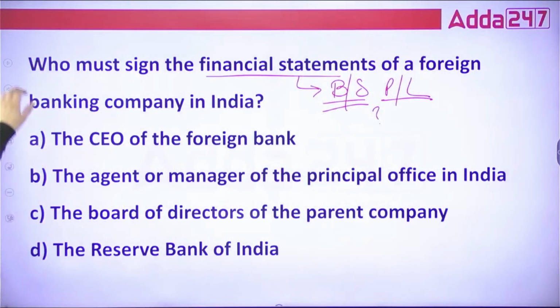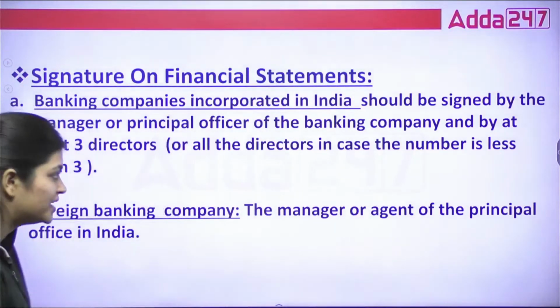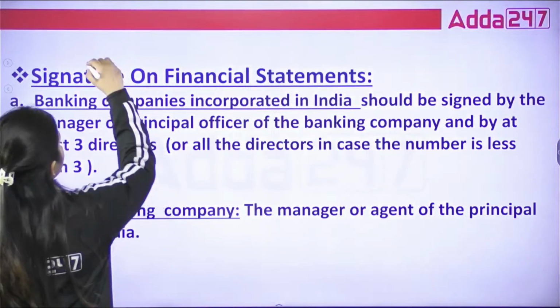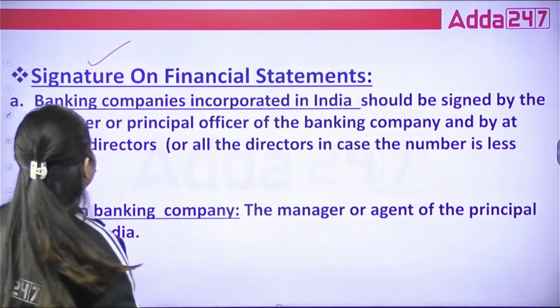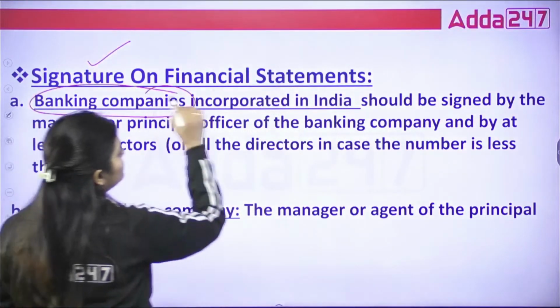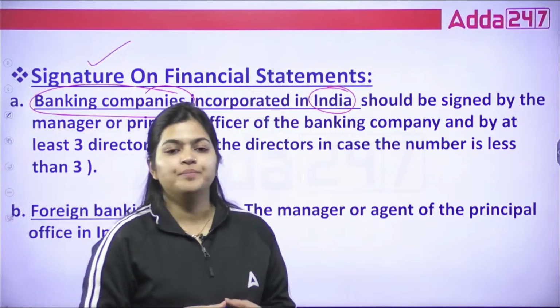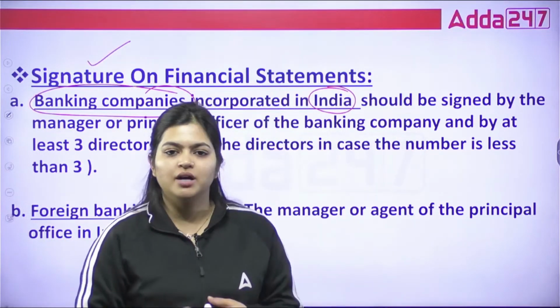Chalo, if you don't know this, let's read about signature on financial statements. This is one specific section given in your banking unit. If your banking company is incorporated in India, like your SBI bank, you have some regional banks.